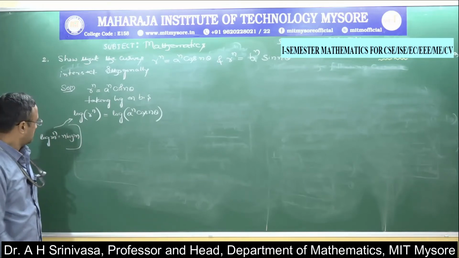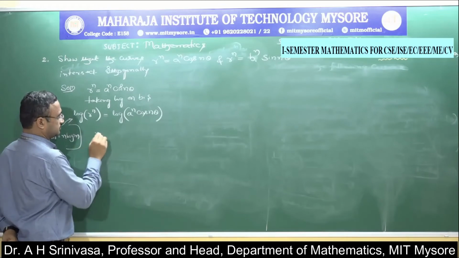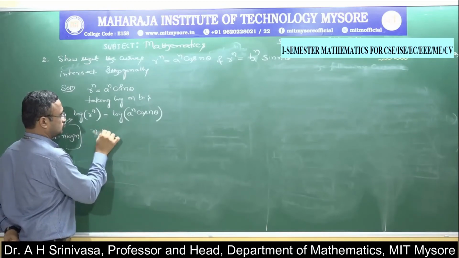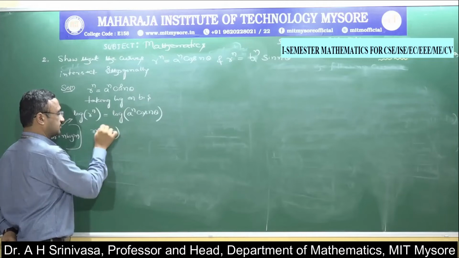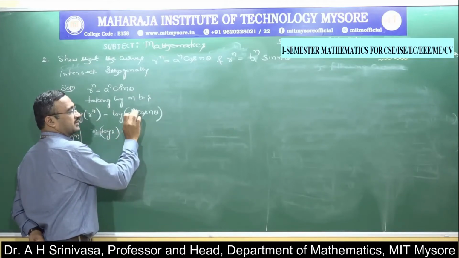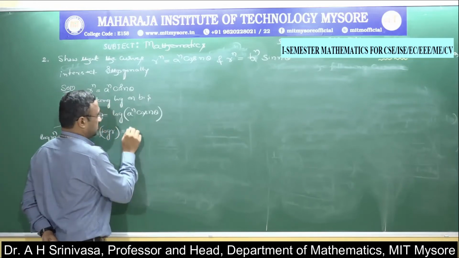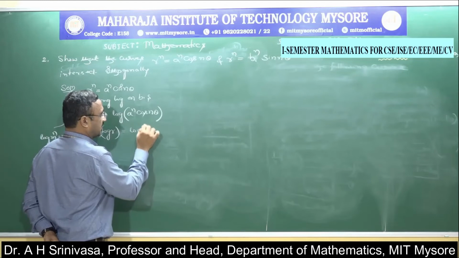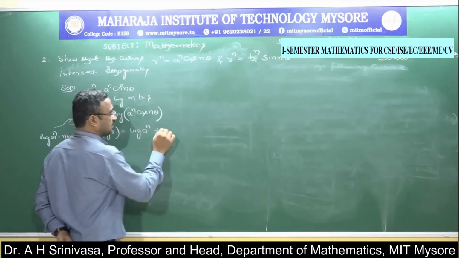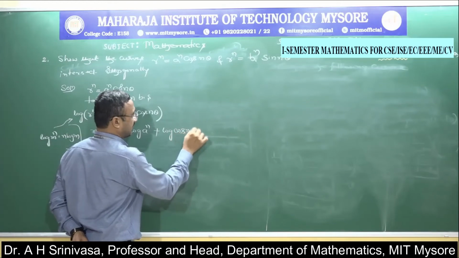Okay. Now, using this, we get n into log r should be equal to, now apply the first property, log of m into n, which is log a power n plus logarithm of cos n theta.